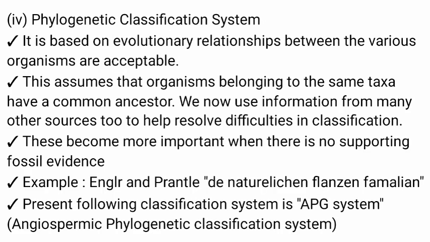Phylogenetic classification system. It is based on evolutionary relationships between the various organisms. It assumes that organisms belonging to the same taxa have a common ancestor. We now use information from many other sources to help resolve difficulties in classification.